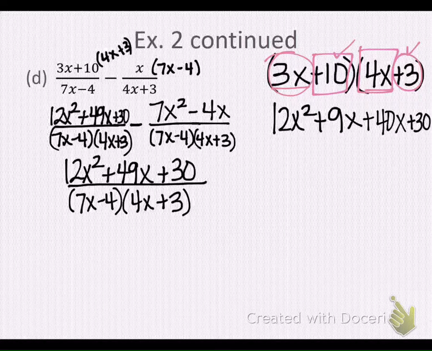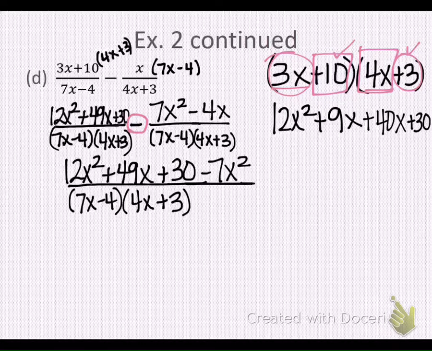But what happens to my second numerator? This is what kind of a problem? Subtraction. So Izzy, what's coming down for that second set of numerators? That's negative 7x squared plus 4x. Awesome. So now we combine our like terms.